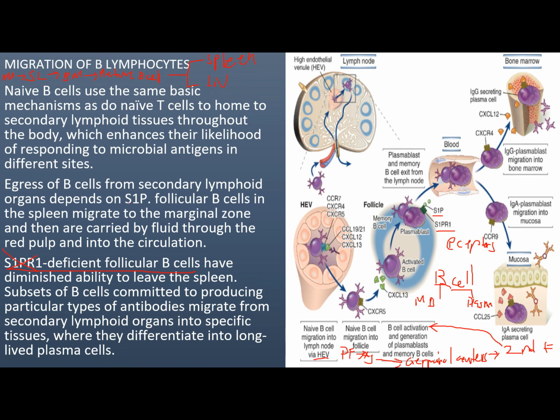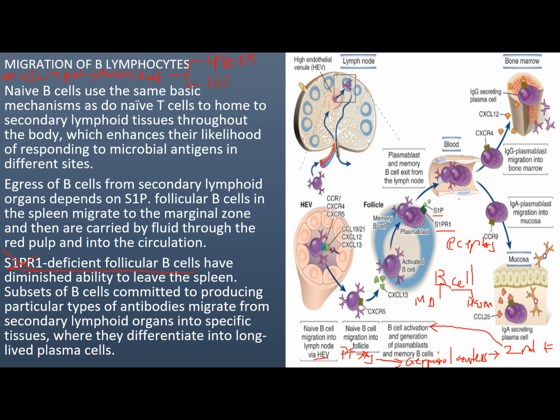While your S1P allows it to leave the secondary lymphoid organ. So please take note. Once it's a plasmablast, the plasmablast and memory B cell would exit from the lymph node and go back into the blood. Now, here's what happens. There are two possible things that would happen.